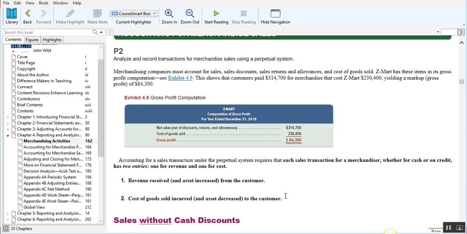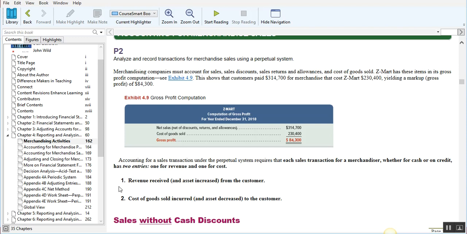So what we have to account for here are two things that are parallel, but they're different. So we have to account for the sales price that we're recording, the revenue that we'll get. The sales price will be the cost of the goods plus a markup percentage that will allow us to cover our operating expenses and earn a profit.